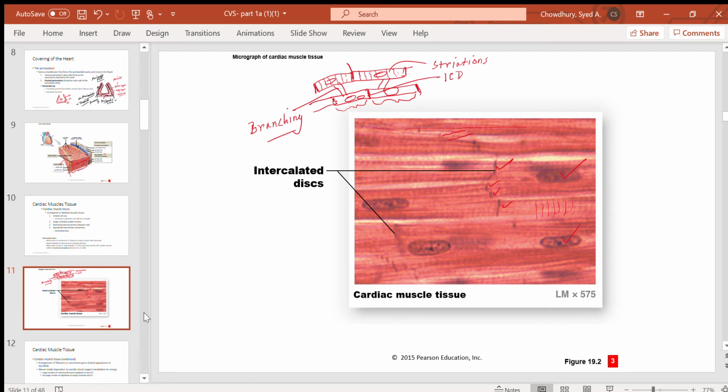So those are the anatomical properties of the cardiac muscle tissue. Now, why are intercalated discs important? If you see the structure in the intercalated disc, you have the intercellular junctions.